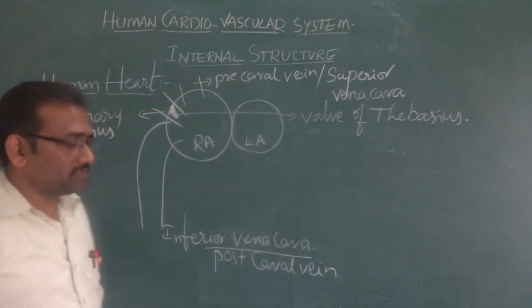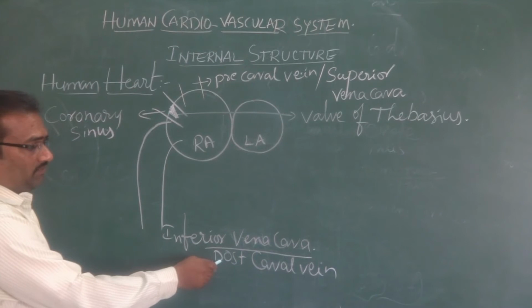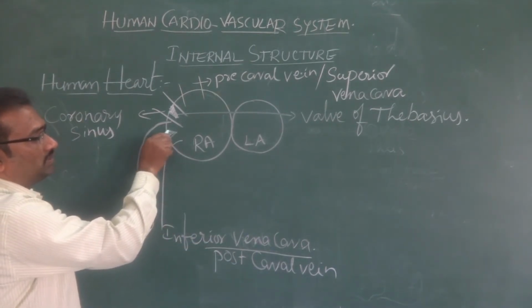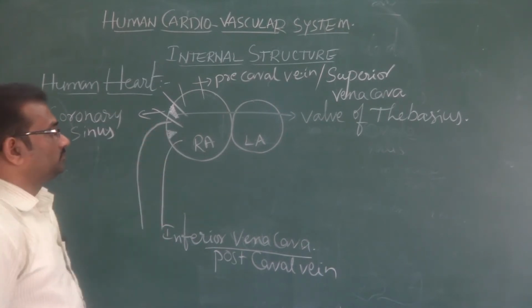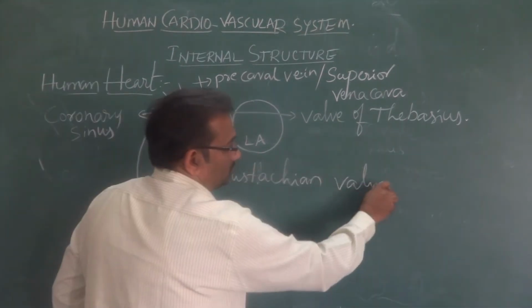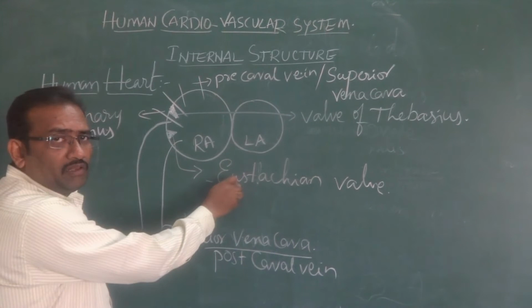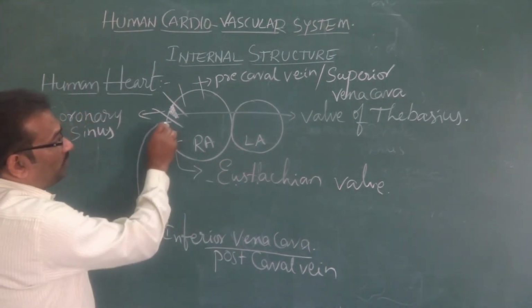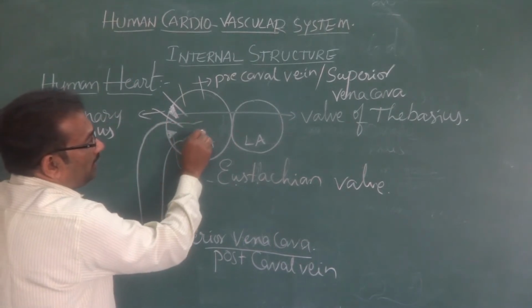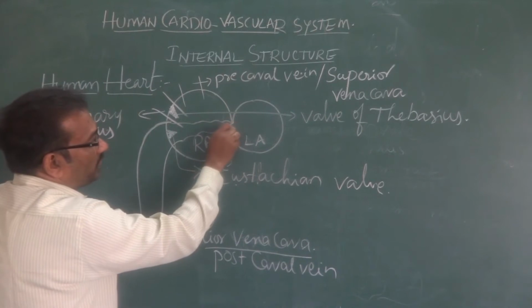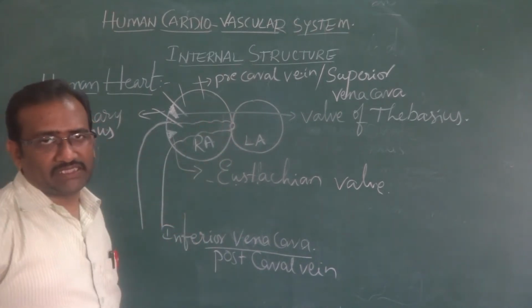The valve of Thebesius. And coming to the postcaval vein, it is also guarded by a valve. This is called the Eustachian valve. The Eustachian valve directs the blood from the postcaval vein to the left atrium through the foramen ovale in the fetal stage.